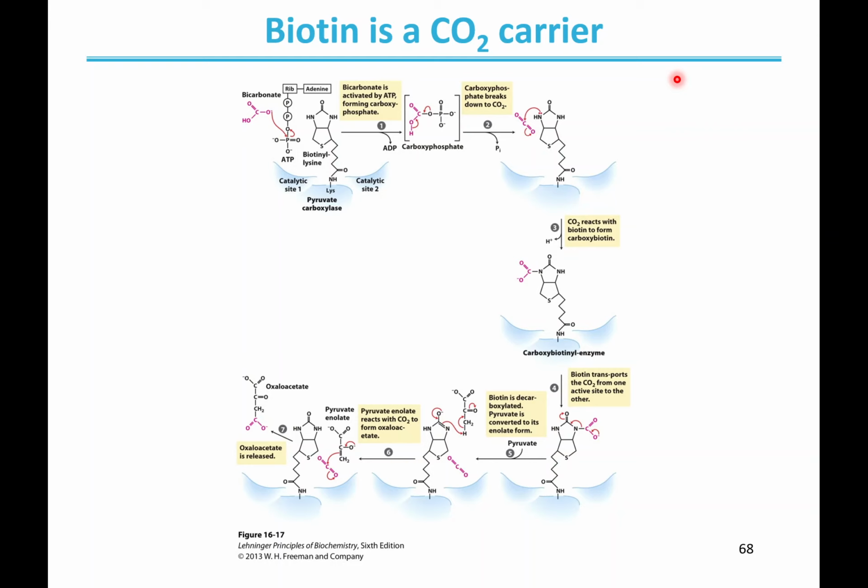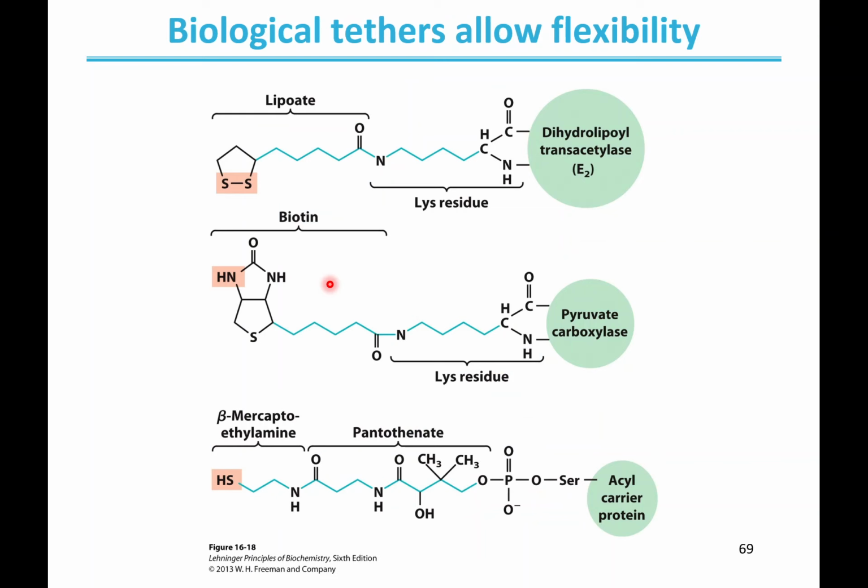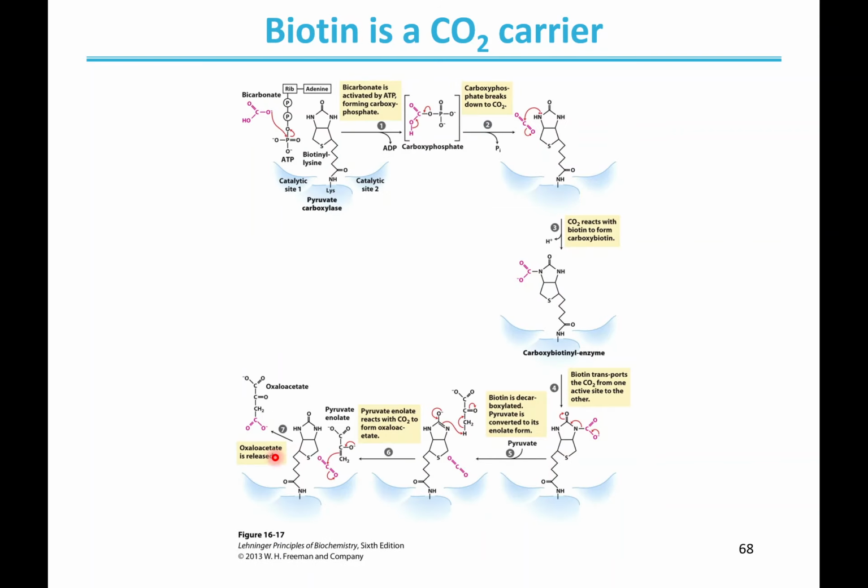One of the important cofactors in doing this is biotin, and as we've seen in the case of TPP or lipoic acid, biotin is also a carbon carrier, but it carries specifically CO2. Not so important that you know this mechanism, but knowing the basic structure of biotin, you have these 2 5-membered rings.